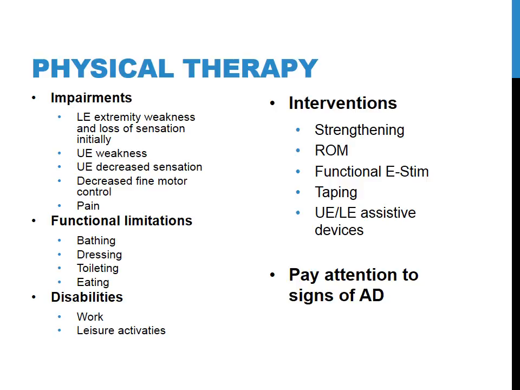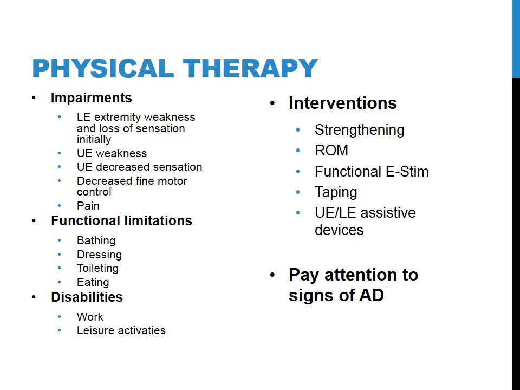And then as their recovery progresses and they start to regain some upper extremity strength, you can focus on strengthening the upper extremities, using some functional e-stim. Research has shown that that's really effective. Also taping. Some patients have subluxed shoulders, and so taping can be really helpful. One of the biggest things is that they're very limited functionally.